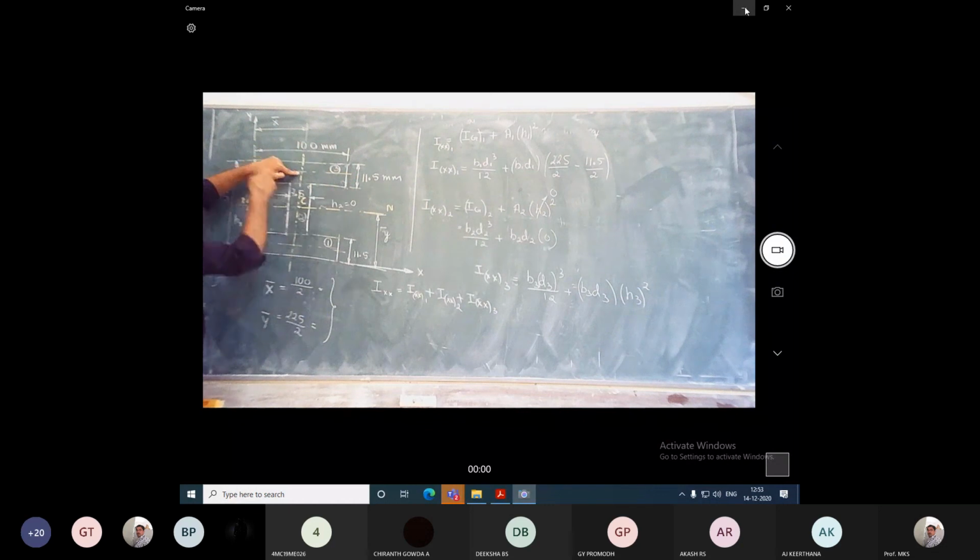It is the distance from the centroid of that section to the neutral axis, or the centroid of the whole section. So h3 is the distance from this particular centroid to the original centroid. Almost the same, I think h1 and h3 will be the same, since it is symmetrical.